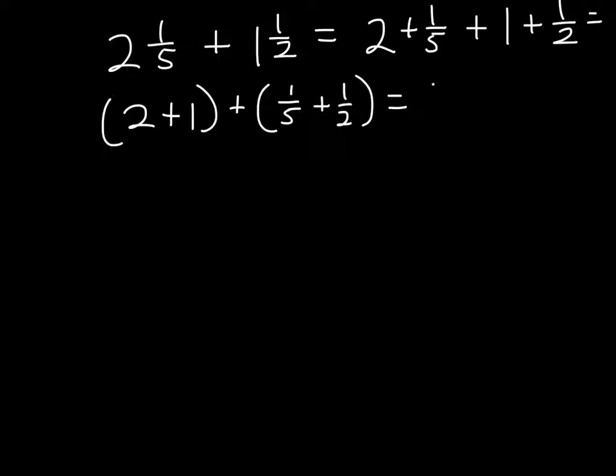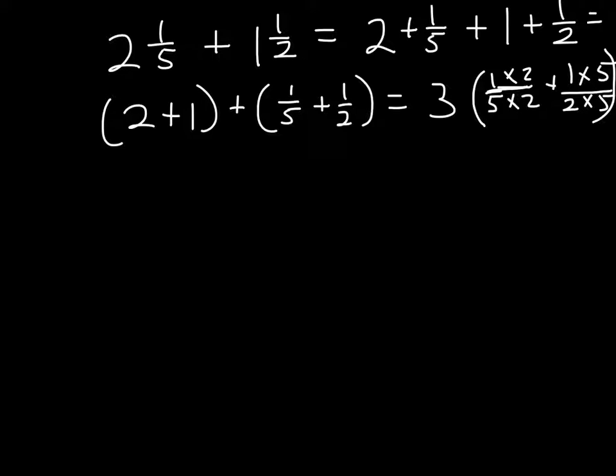When I add my whole numbers together, I get 3. And now I've got to find a common denominator, so I'm going to take 1/5, I'm going to multiply it by 2 over 2, because that is the denominator of my second fraction, and I'll take 1/2, and I'll multiply it by 5 over 5, because that was the denominator of my first fraction.